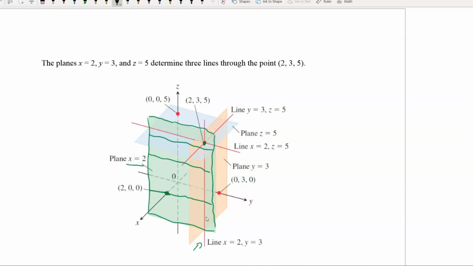So x equal to 2, and on this part y is 0 and z is 0. So this is plane x equal to 2.